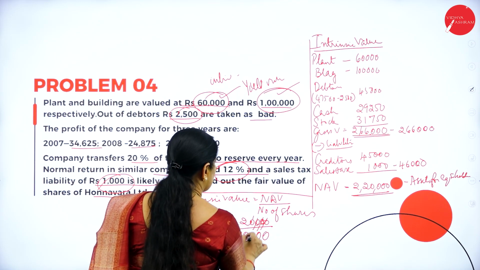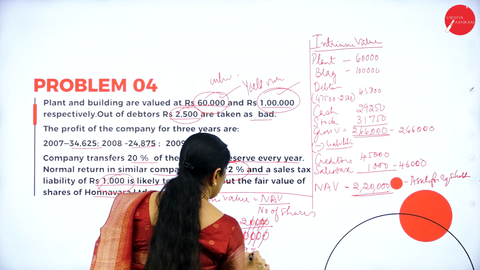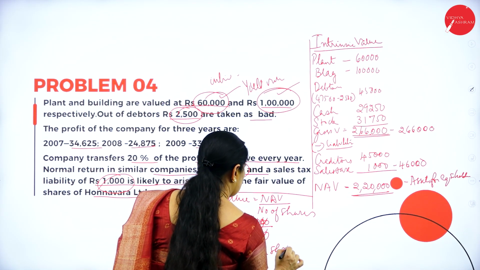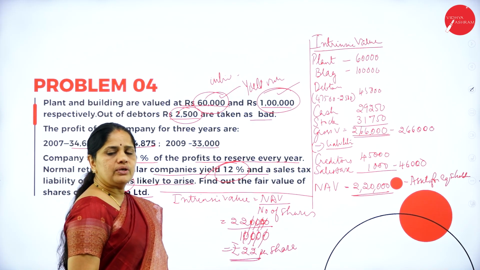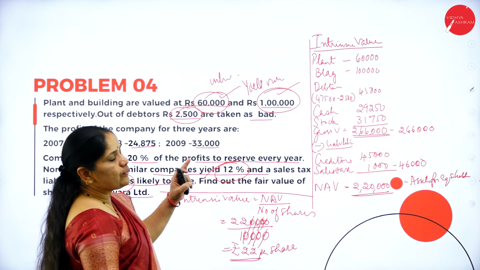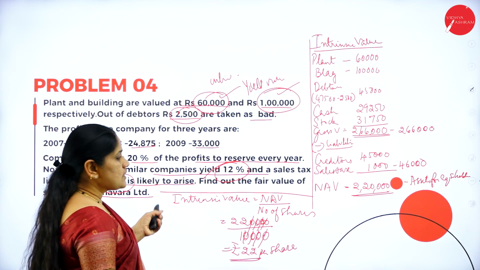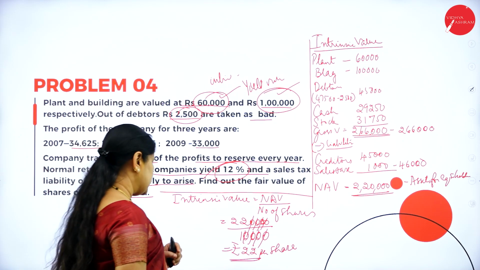So this is rupees 22 per share. So the value per share as per the intrinsic value is rupees 22 per share. So this is how we have to calculate the intrinsic value. So the next is we have to calculate the value per share as per the yield method.